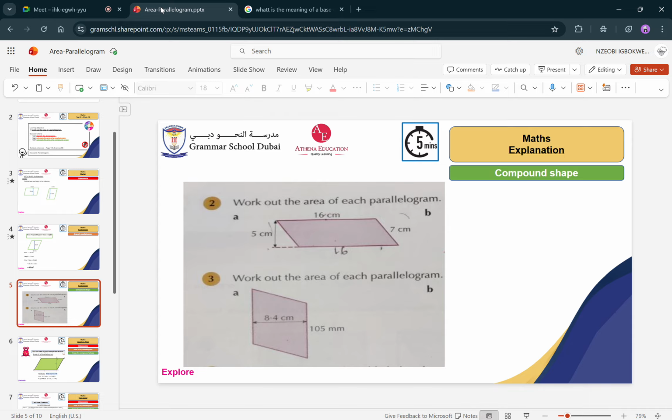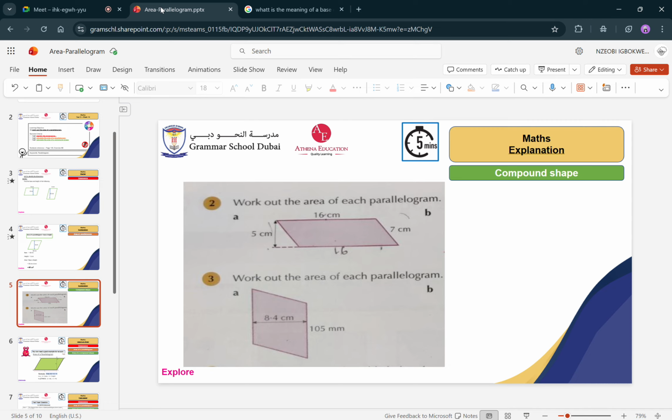Okay, so for 16, the shape's base is 16 centimeters.